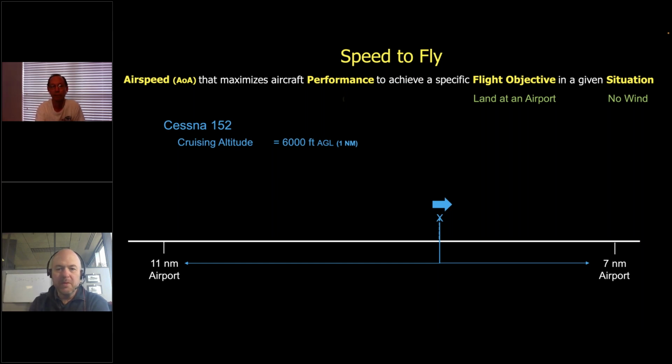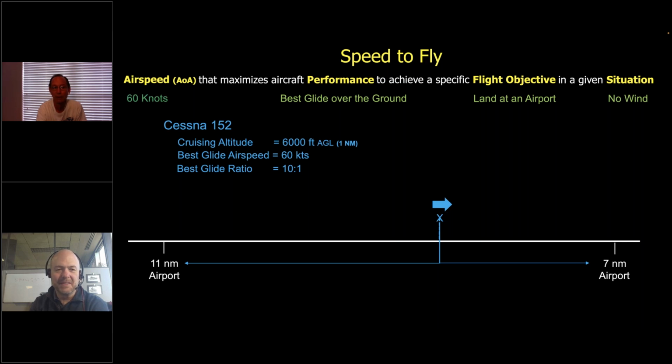Logically, you would go for the one in front of you. Your best glide over the ground is going to be based on 60 knots, which is a number in the book. I'm going to assume generously that the glide ratio of a 152 is 10 to make the math easy. And 60 knots is going to get you a 10-to-1 glide ratio, which will get you to the airport in front of you, and clearly not the one behind you.